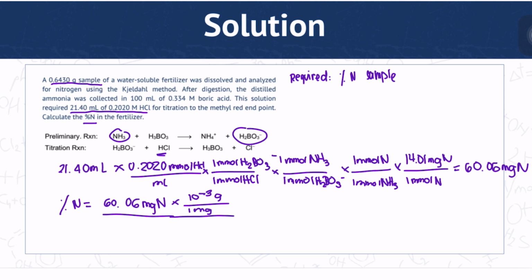And that is over the total amount of sample, 0.6430 gram sample, and then times 100, since we're looking for percentage. That should give you, apologies, this is 60.56.